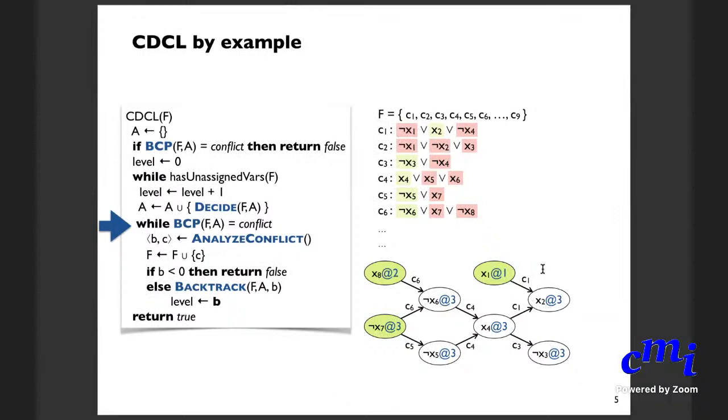The dependency of the generation of X2, the cause of the unit generation of X2, is being kept track of. That's what the implication graph does.